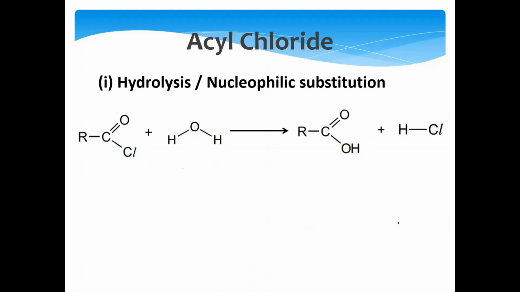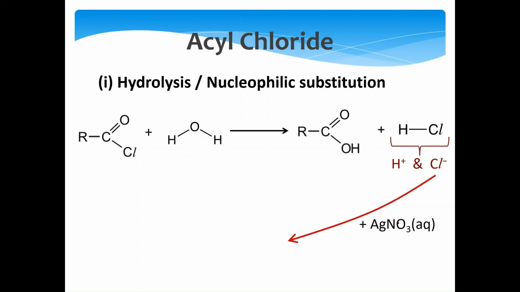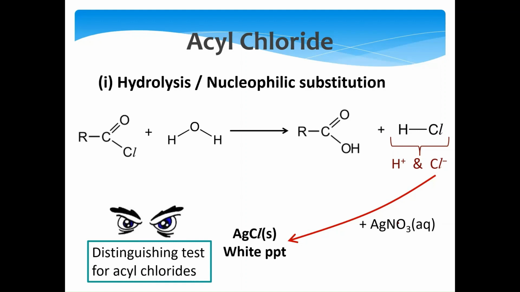Another thing to note: because of the formation of HCl, and you know that in water HCl will dissociate to give H plus and Cl minus ions, if we add AgNO3 to the resultant solution, we will form the AgCl precipitate. We can observe a white precipitate being formed when we add AgNO3 to the resultant solution. So this also becomes a distinguishing test for acyl chloride.